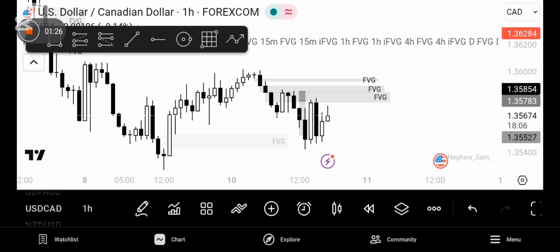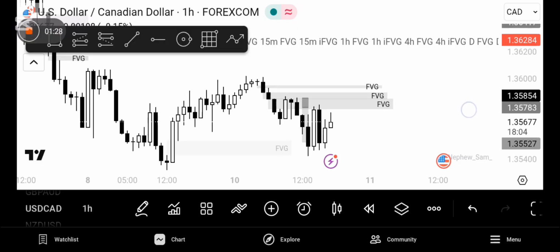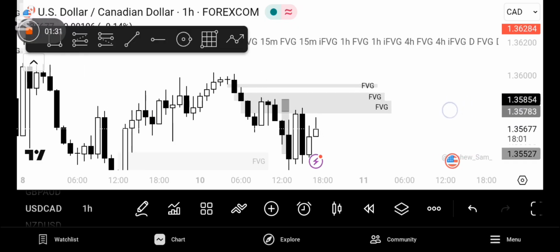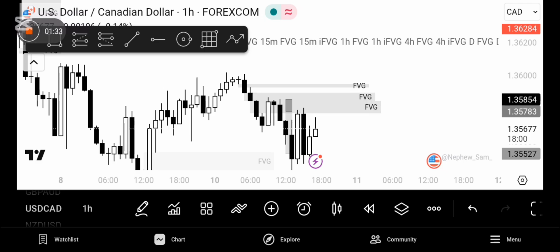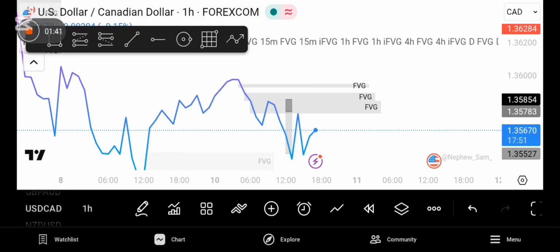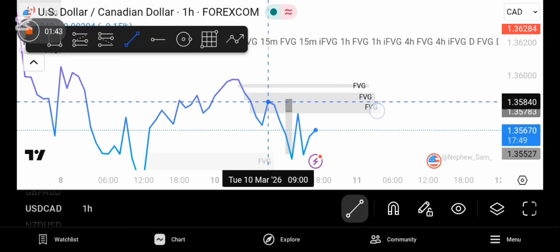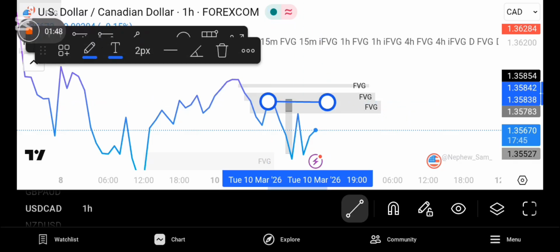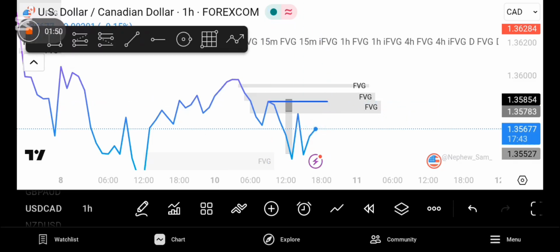So how did I go about this? I saw that okay, this has been a nice downtrend, clear bearish movement. Then I used the line chart, marked out the closest key level, right? That's what I do. I marked it out.